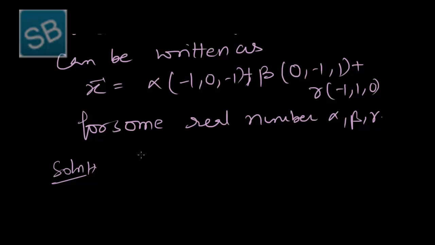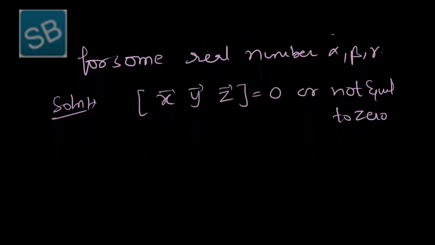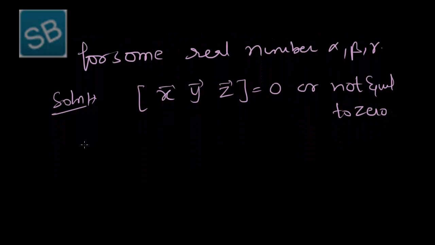Now we have to check whether the vectors are coplanar or not. For this we have to check whether the scalar triple product of these three vectors is equal to 0 or not. So first of all we will find out the scalar triple product, that is x, y, z.